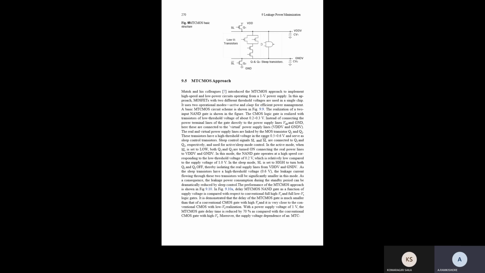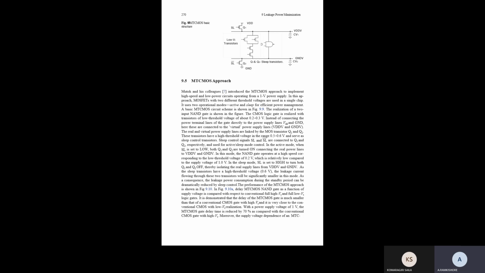Our main concept is to provide multiple threshold voltages, which are provided by two different lines, the real power lines and the virtual power lines. In the active mode, both the real and virtual power lines are connected. In the sleep mode, power is given to these transistors only from the real lines.